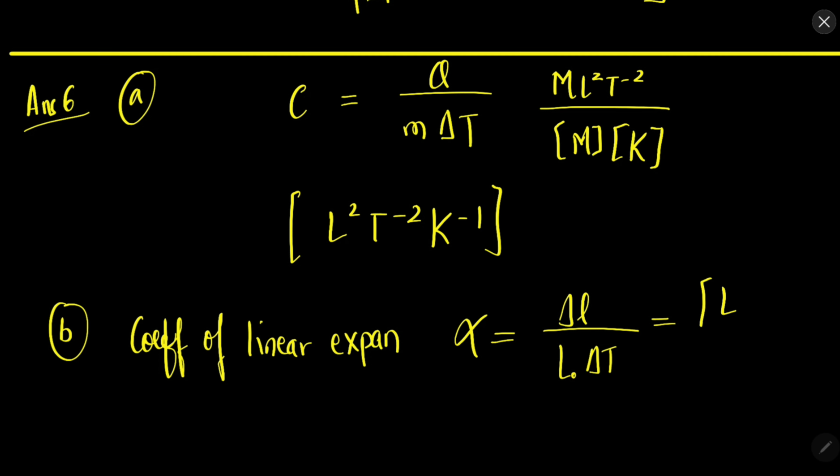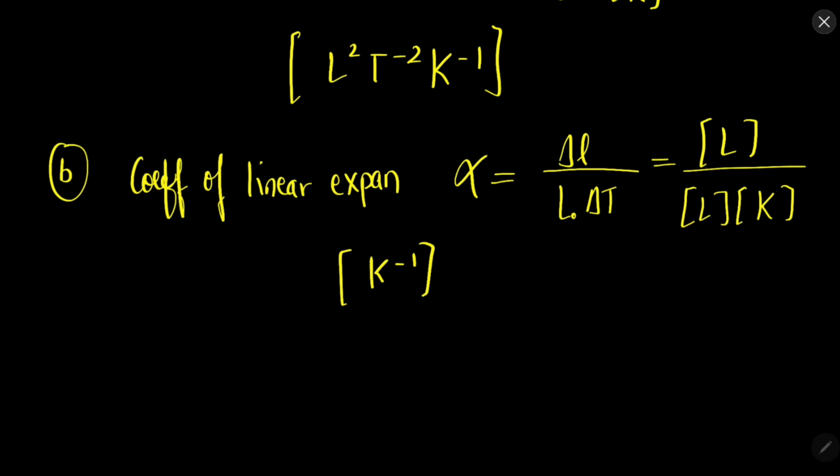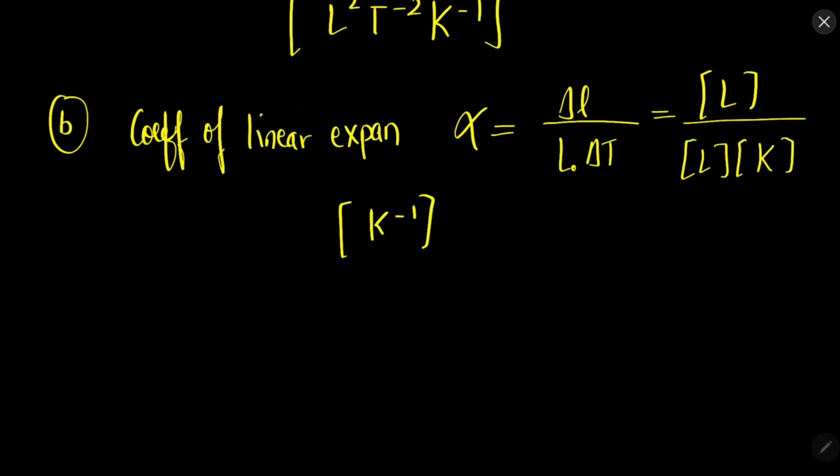Change in length is obviously L, length is again obviously L, and change in temperature is K. So ultimately we will get K⁻¹ as the dimension for the coefficient of linear expansion. This coefficient tells us about the ability of any material to expand or contract.